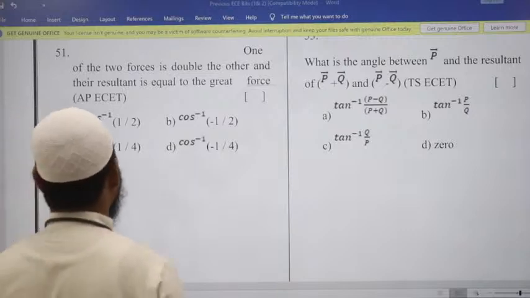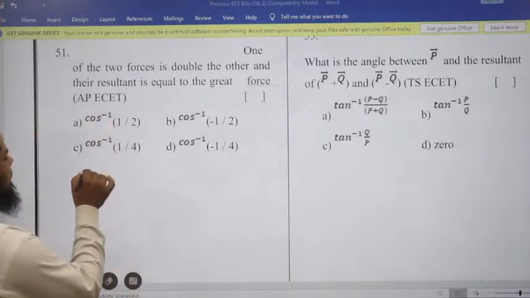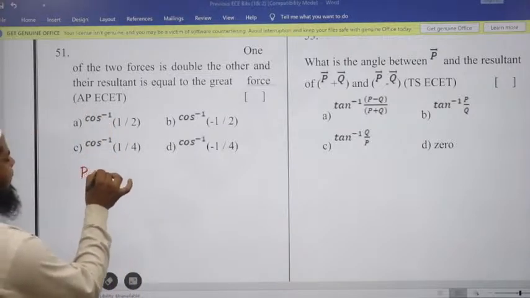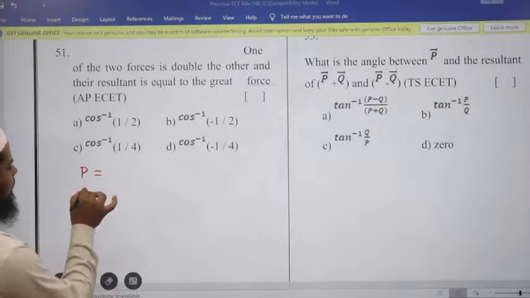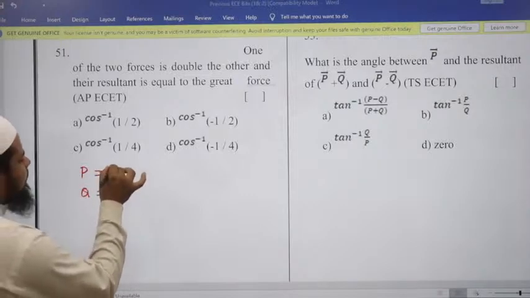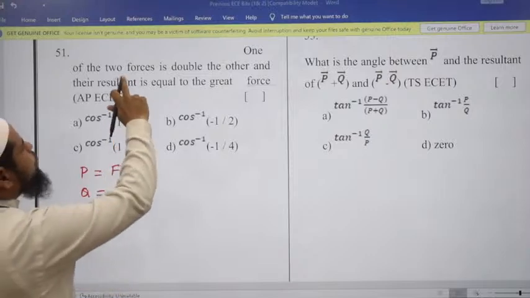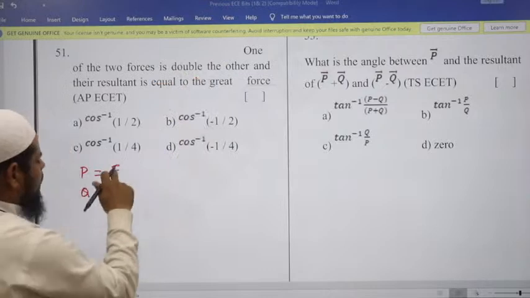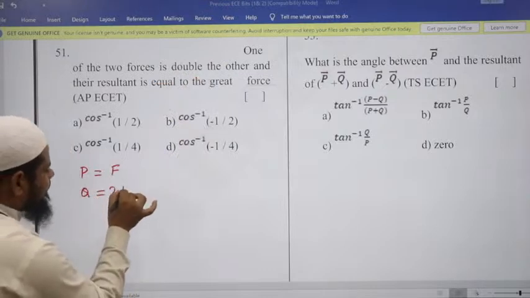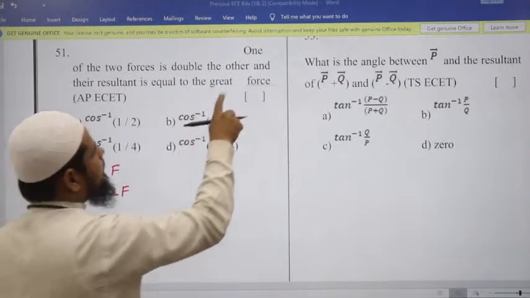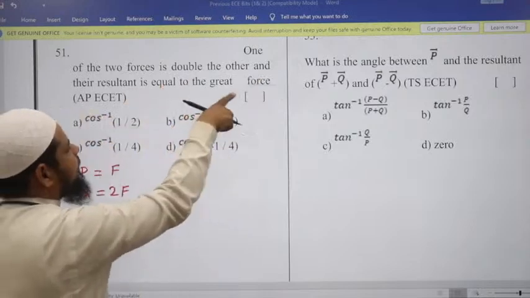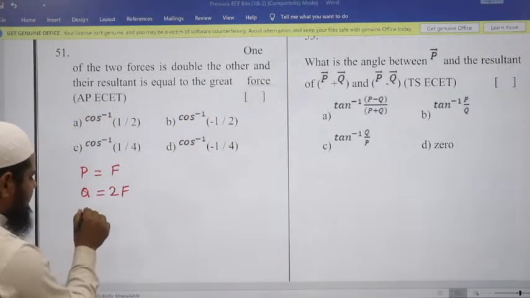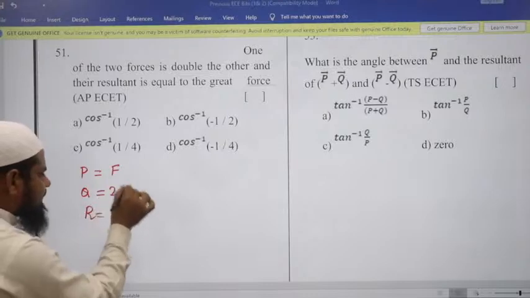So let us see, he has given P and Q. Consider P is F. Of the two forces, one of the forces is doubled. So among these two, one is doubled, 2F, and the resultant is equal to greater force. This resultant equals this greater force.